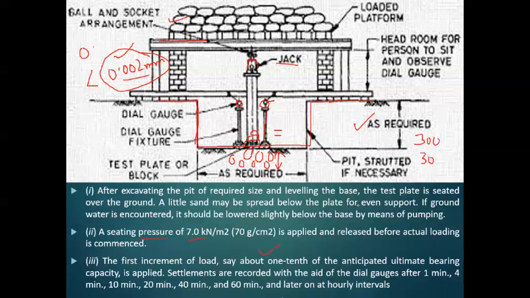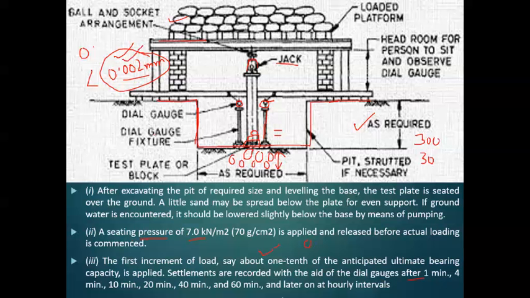We apply it, then settlements are recorded with the aid of dial gauges after 1 minute, 4 minutes, 10 minutes, 20 minutes, 40 minutes, 60 minutes, and later on an hourly basis, up to the point when the dial gauges stop recording, that is, the settlement is lesser than 0.002 mm.